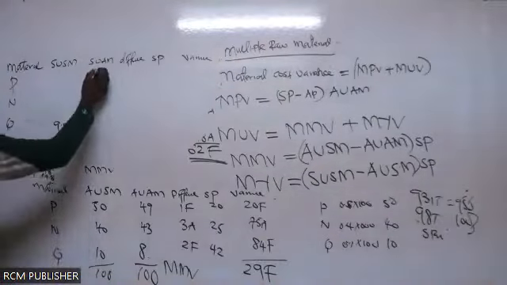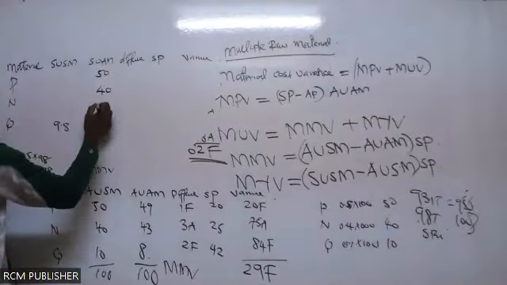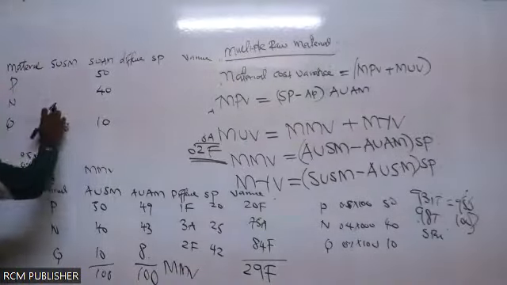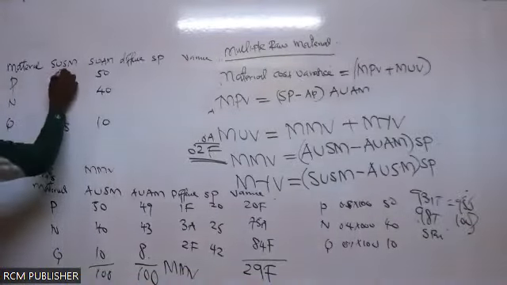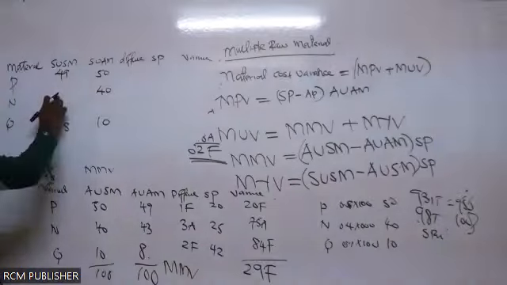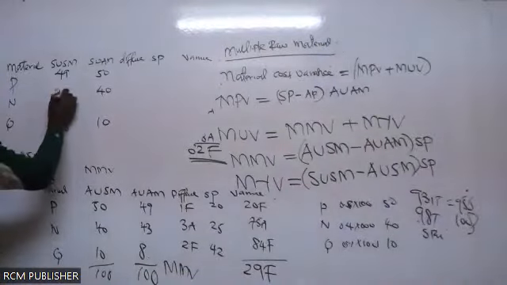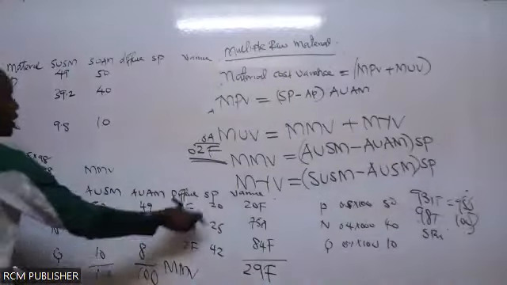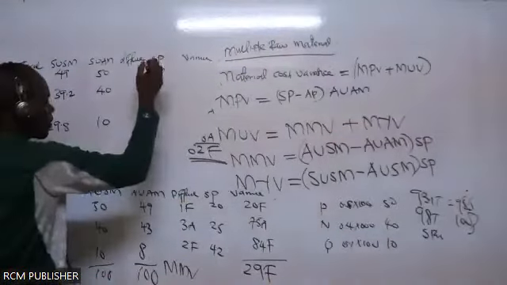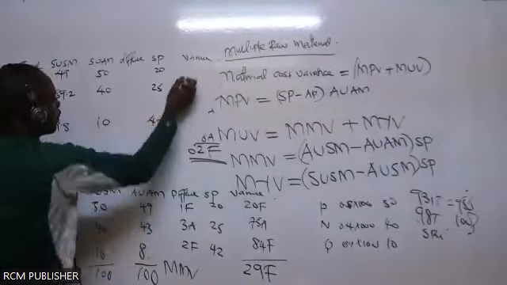This one here, 50, 40, 10. I'm told P is 49. And this one here, how much is it? N is 39.2. So get the difference, then you take the standard price, 20, 25, 42. Then you get the variance.